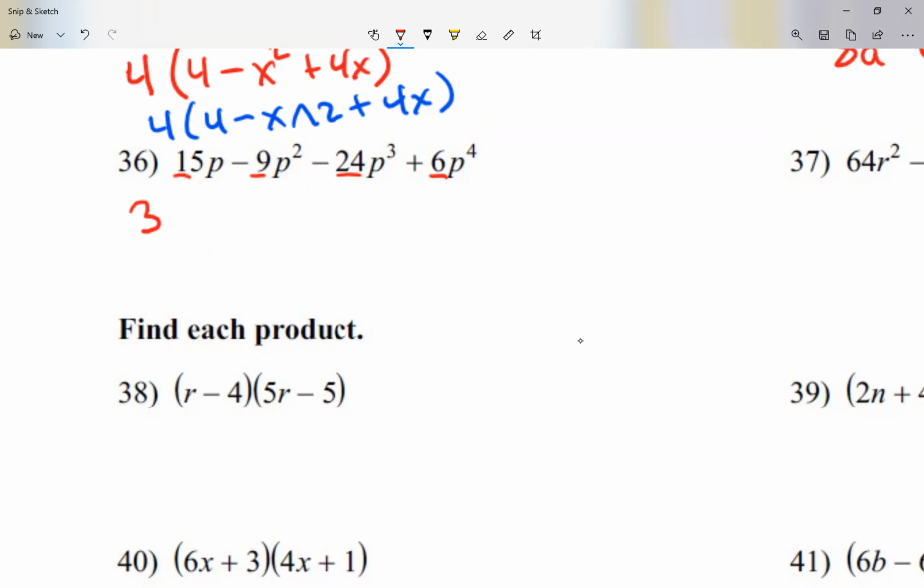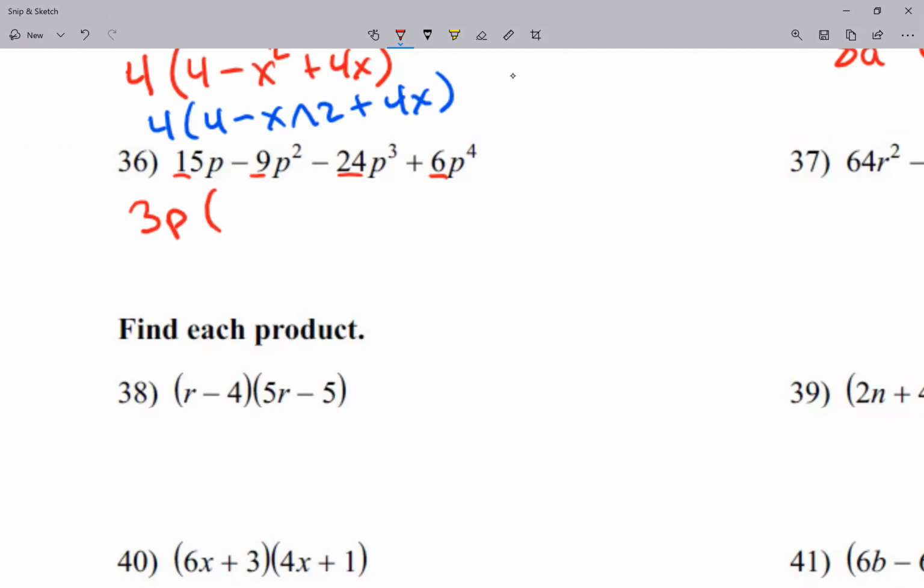And terms, by the way, are those things separated with the plus or minus. So now I notice that they all have a p, so I'm going to be able to remove p's. And the one I remove is the one with the smallest exponent, so p to the 1. So when it comes to numbers, I'm going to divide everything by 3. When it comes to letters, I'm going to remove 1p.